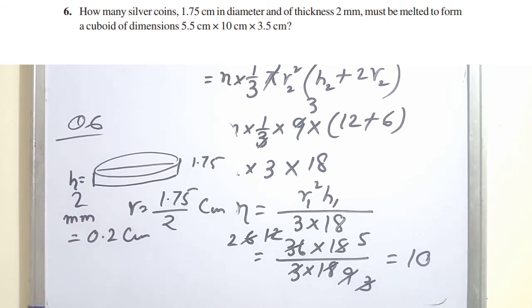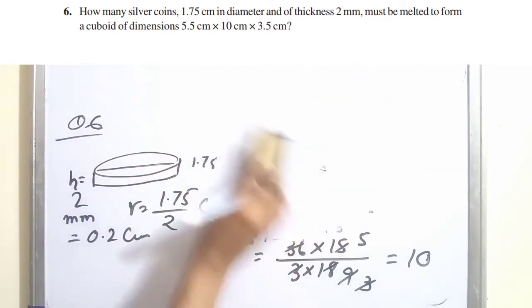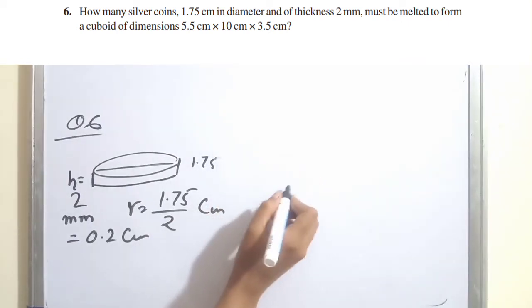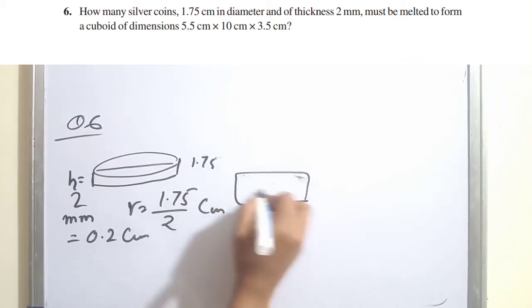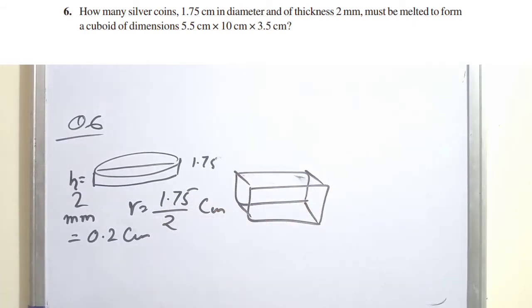Must be melted to form a cuboid of dimension. So after melting this, form a cuboid, like that.